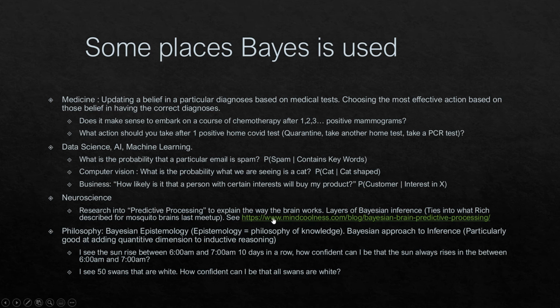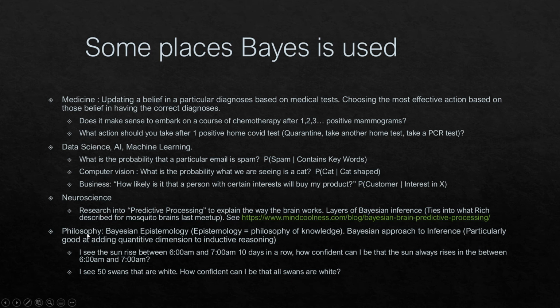There's more details in this link here about this, but that predictive processing approach assumes that there are layers of Bayesian inference happening, to decide whether what we're seeing or what sense data is coming in matches the model, or do we update that model based on new information. So again, very Bayesian-like activity happening there.